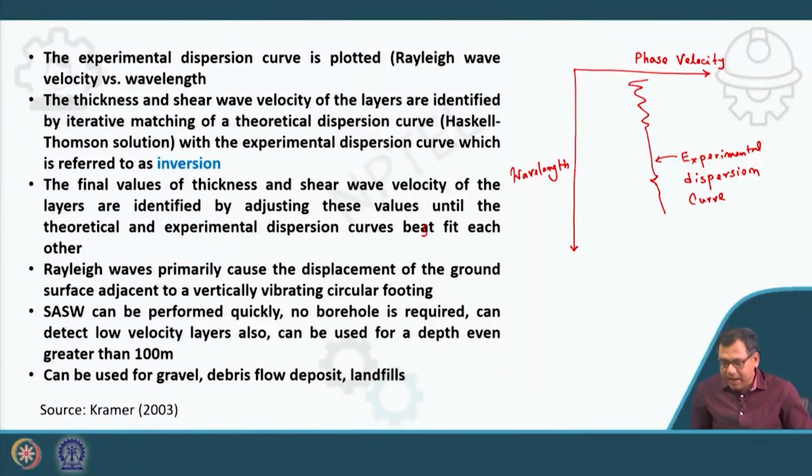So that means I have to change those thickness and the velocity of the layers iteratively, such that the experimental dispersion curve and the theoretical dispersion curve match exactly, or best fit each other.